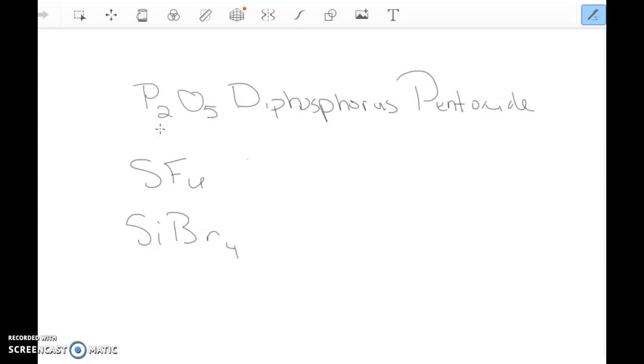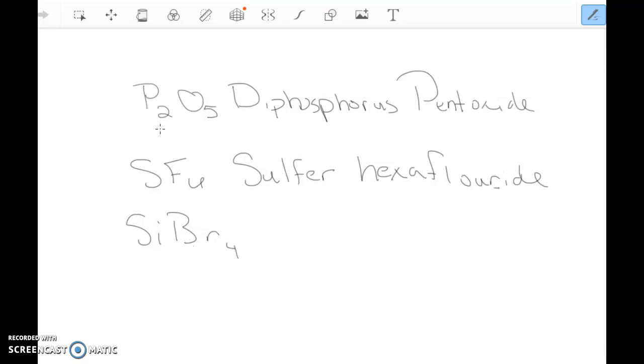So here we have sulfur, hexa, fluoride. The first element is the full name, and the second one is the element stem name plus ide.